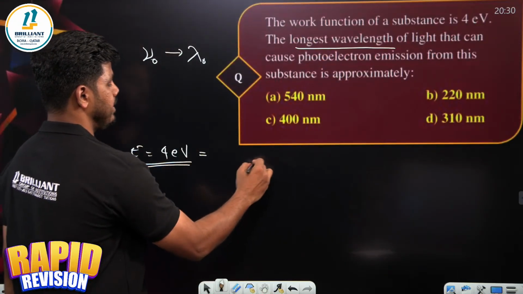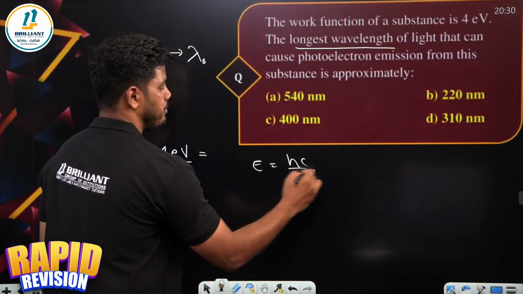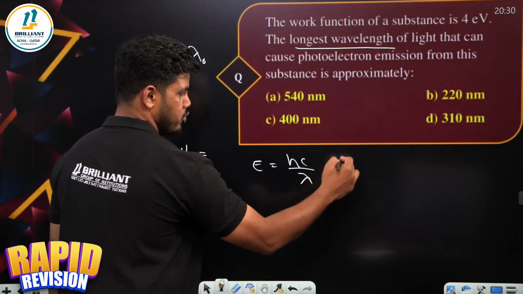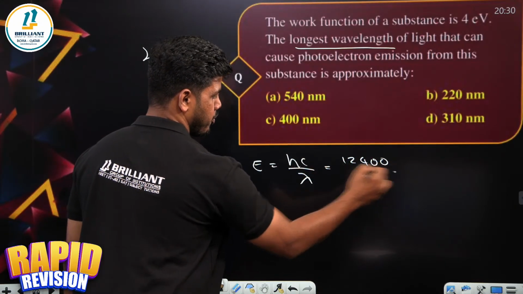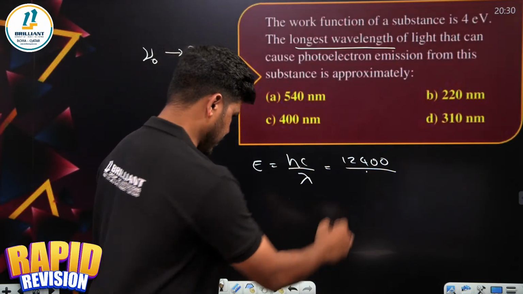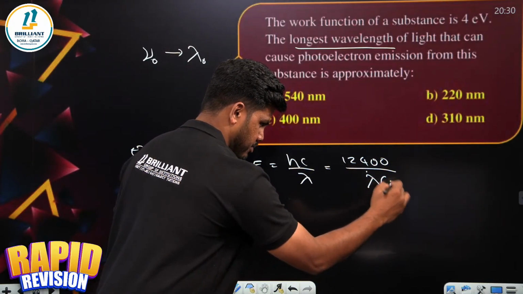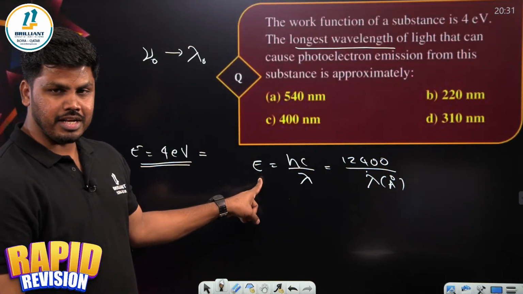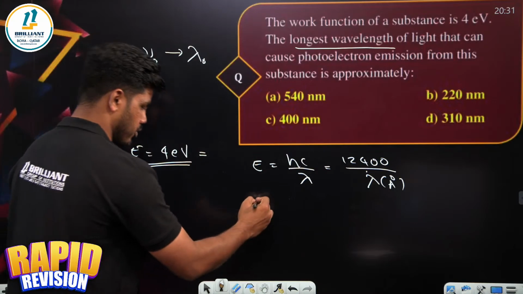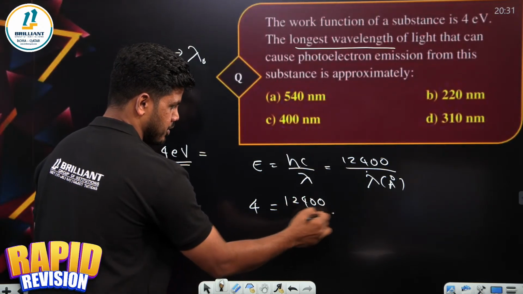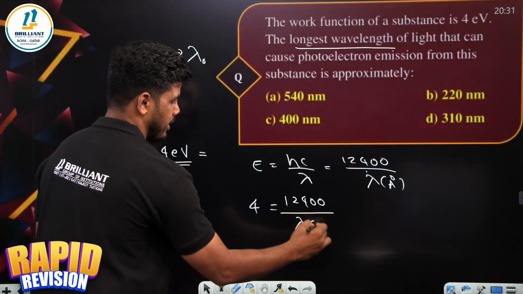So we can say E is equal to hc by lambda. We know this equation and we have been using this in other chapters too. 12400, I told you before, divided by what is the wavelength given? That is to be calculated. Yes, lambda. Remember, it will be obtained in angstrom. What is energy given in electron volt? 4 electron volt. So we can say 4 is equal to 12400 divided by lambda in angstrom.